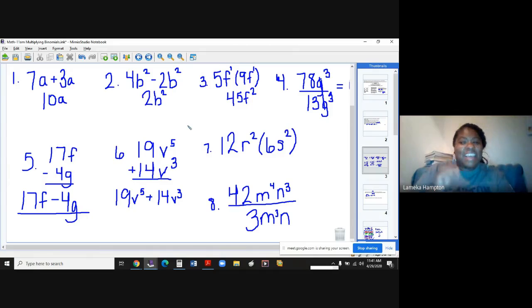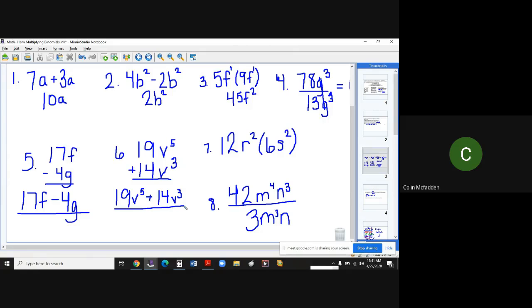That's the key. V to the fifth and V to the third, they don't match. So that's the reason why my final answer would be 19v to the fifth plus 14v to the third. Does that make sense? Yes. Okay.